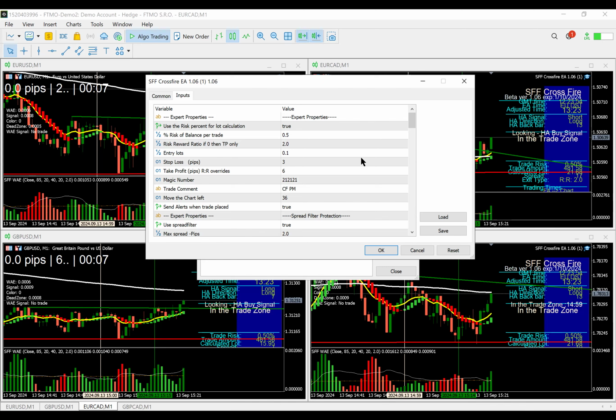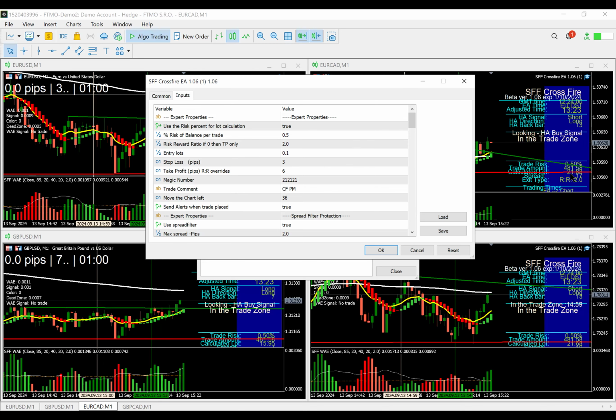Because if you look here, it says calculated lot size 21.68. That's based on a stop loss of 3 pips, and it works out 3 pips will cause me to lose 1/2 of 1%. So that is your profit regulator.